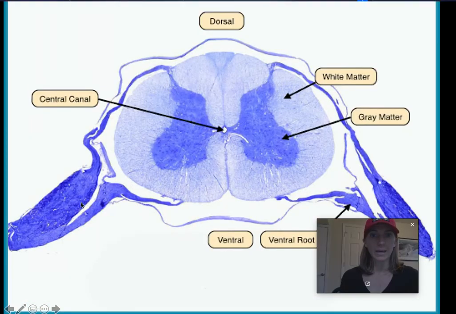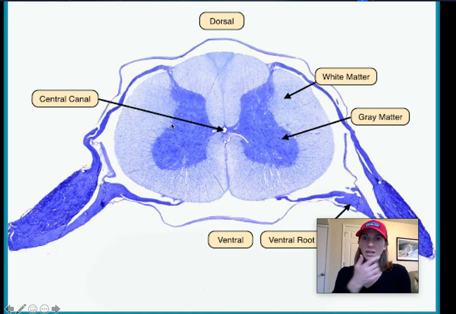I wanted to embed a histological image here as well. So again, dorsal and ventral. Sometimes it can be flipped when you look at a slide. One way to tell them apart is the ventral side tends to be wider. So this is going to be the ventral horn, and this is going to be the dorsal horn. If you follow this around, this is your dorsal root ganglion, and you have the corresponding pair over here.